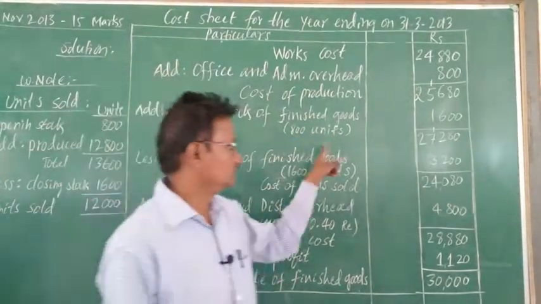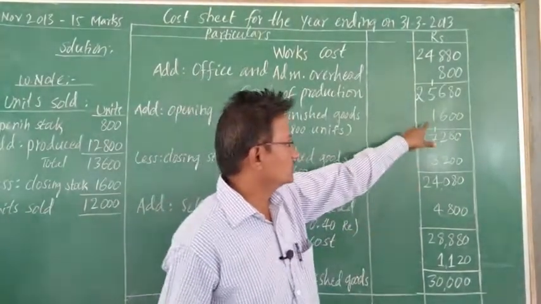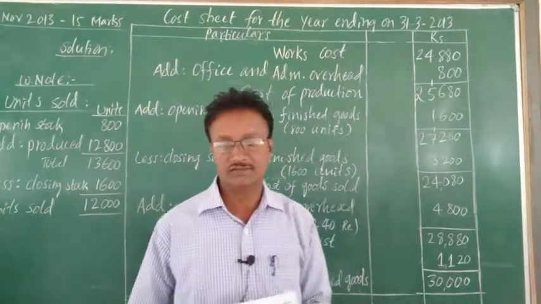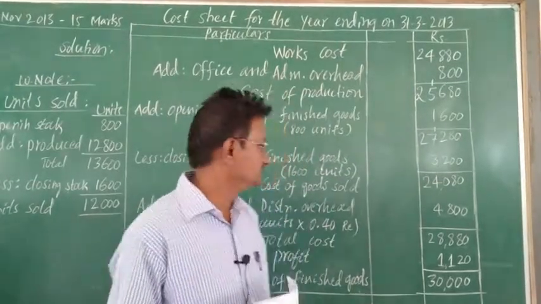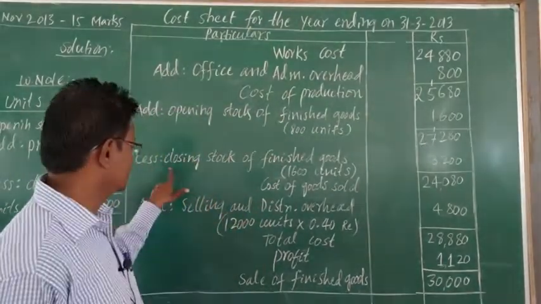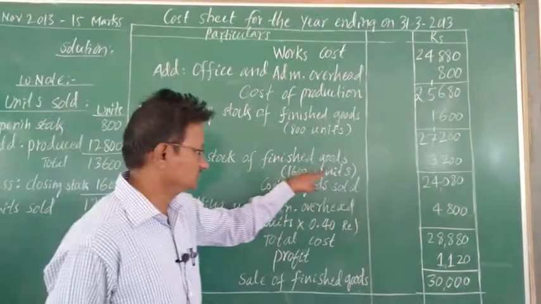The total of these two items is 27,280 rupees. Next, we deduct closing stock of finished goods.